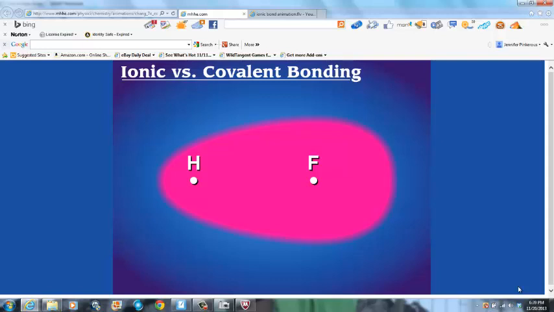Because the electrons spend more time near the fluorine atom, the electron density shifts toward fluorine. The result is a greater electron density near fluorine, a partial negative charge, and a correspondingly lower electron density near hydrogen, a partial positive charge. This type of bond, where bonding electrons are unequally shared, is called a polar covalent bond. A polar covalent bond can be thought of as an intermediate between a nonpolar covalent bond and an ionic bond.